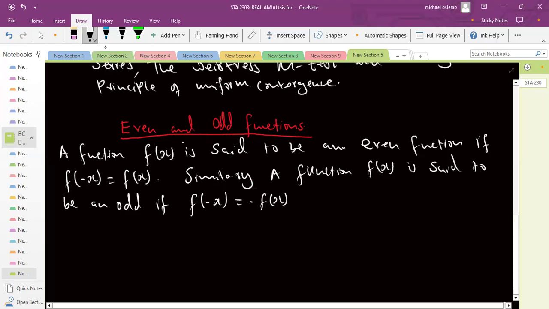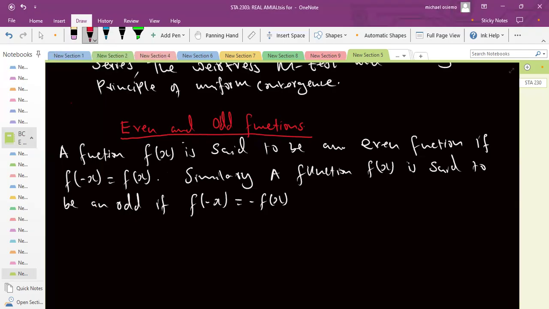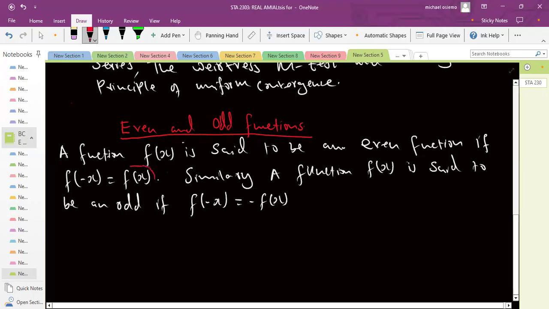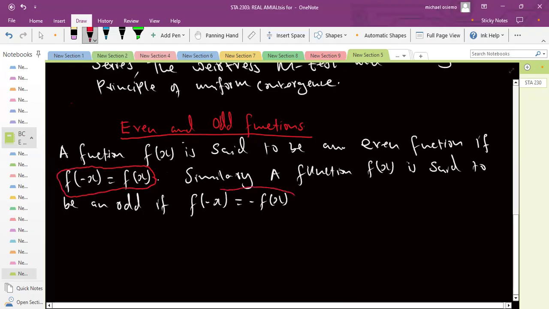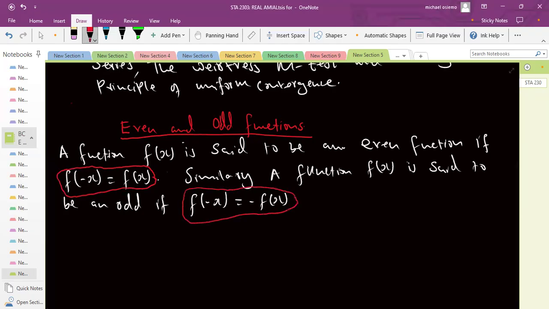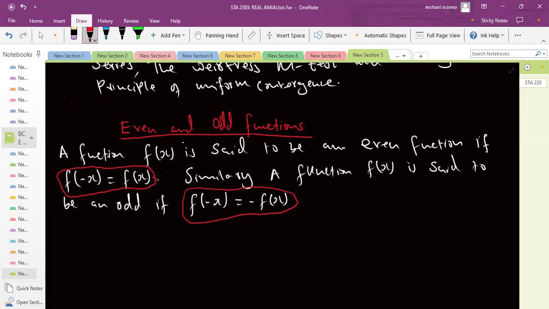So you can look at what we mean by an odd function, this one here. The condition to be satisfied to be an even function is this one. And the condition for a function to be an odd function is this one. These are things that I want us to recall because you have already covered them in various units.